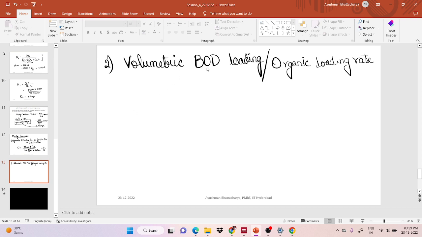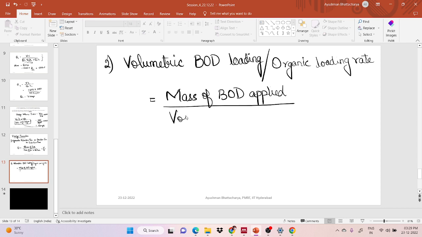They can ask what is volumetric BOD loading or organic loading rate. So this basically means mass of BOD applied per unit volume of aeration tank.